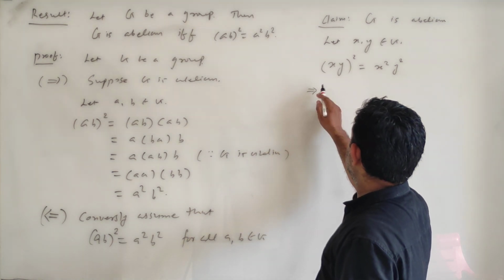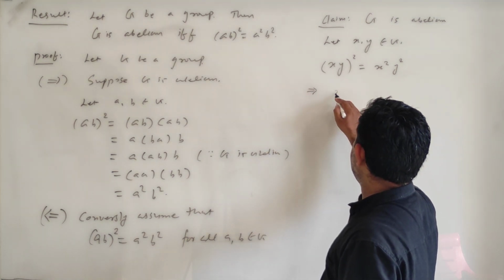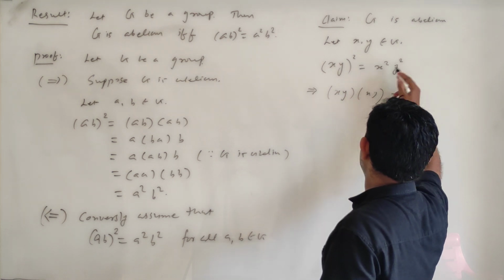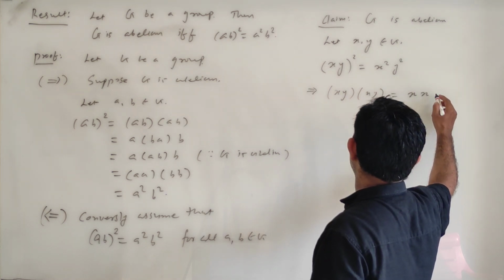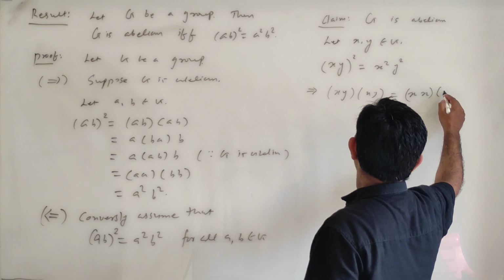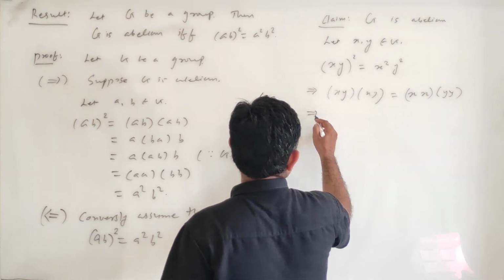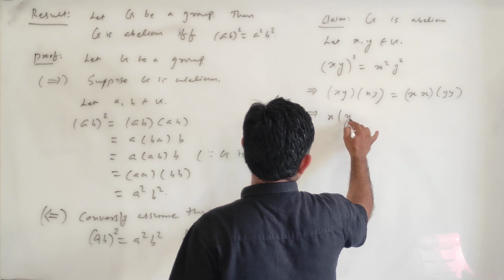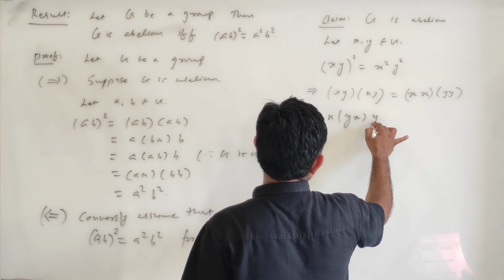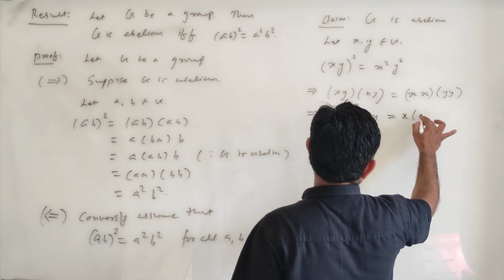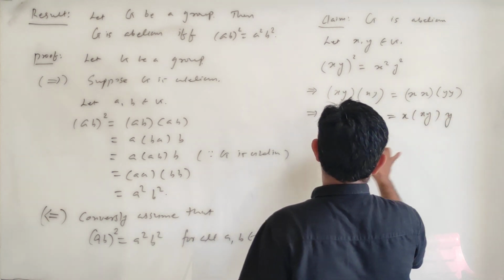So it means this (xy) square I can write as xy into xy, and this x square y square can be written as xx yy. Let me use the associativity. So it is x, yx, y and this side is x, xy, y. You keep y and x together, so it gives me x, xy and y.